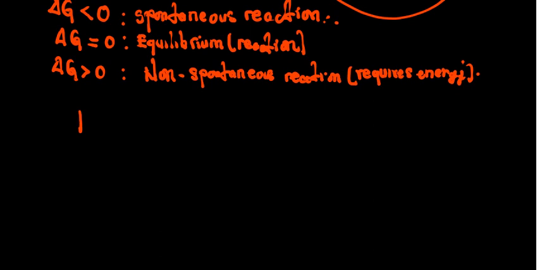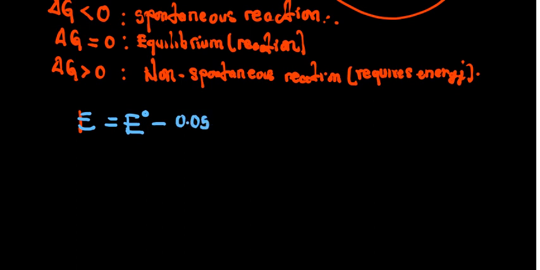The first equation is E is equal to the E cell minus 0.0591 over n log Q, trying to find out what's the energy of that half reaction.